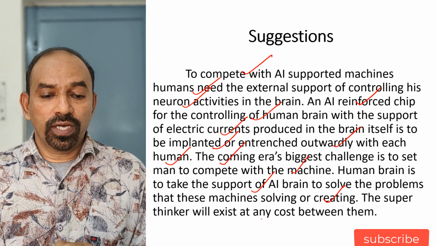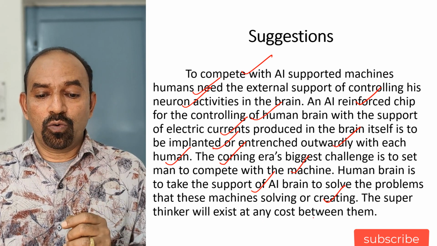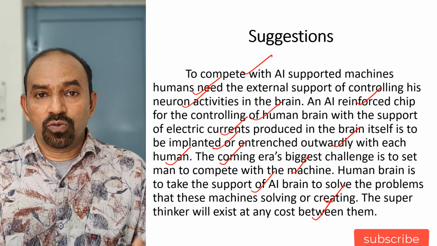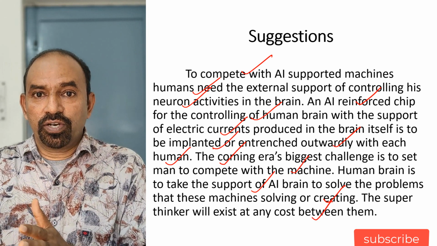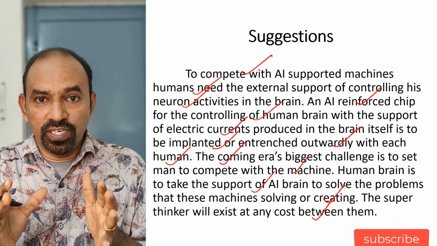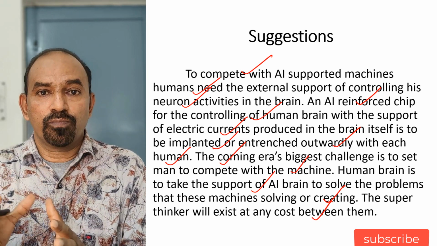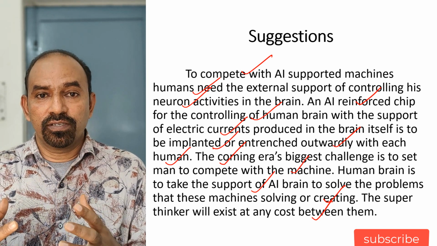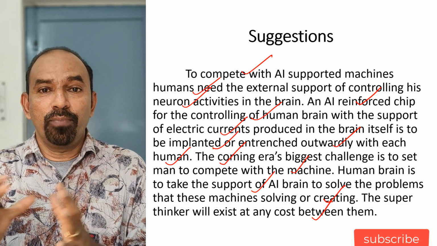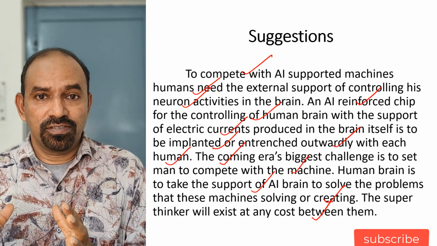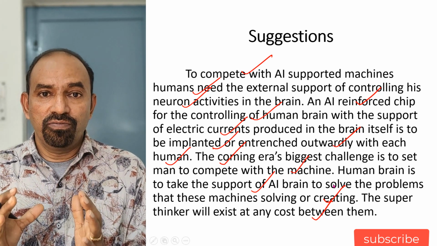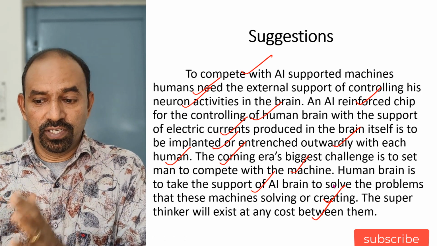The super thinker will exist at any cost between them. So in the next generation, what we are going to see is a competition between these artificially supported machines and humans, and whichever can think better will exist. This is the end of the project description.